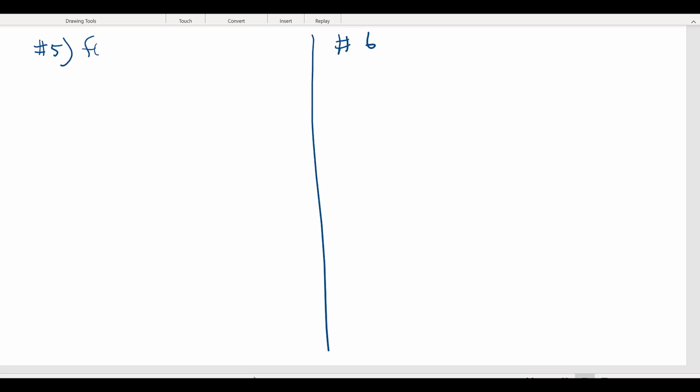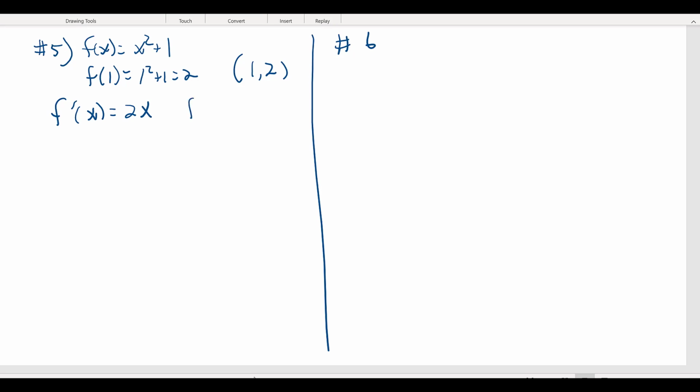We have f of x equals x squared plus 1. And as I stated, f of 1 is going to be 1 squared plus 1, which is 2. So we know we have the point (1, 2) to work with. Now let's look at our slope. f prime of x gives us the slope, that's 2x. Our slope at x being 1, at the point for the tangent line, is 2 times 1, which is 2.